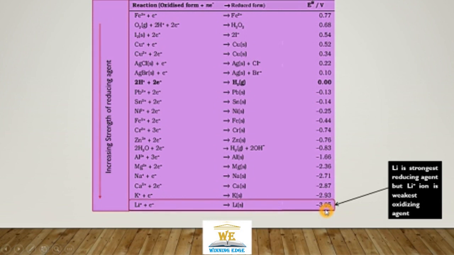Now we know that for a reaction to be feasible, delta G should be negative, and delta G is equal to minus nFE, meaning a negative sign and the electrode potential. n electron is 1, F is fixed, and the electrode potential is 3.05 for lithium to lithium ion, because here, as we said, the sign is reversed. That's why it is acting as the strongest reducing agent.